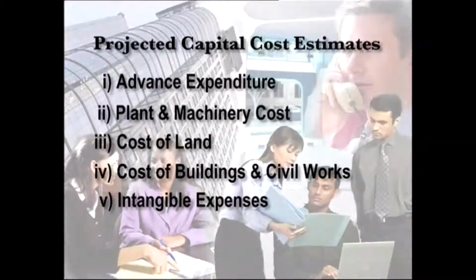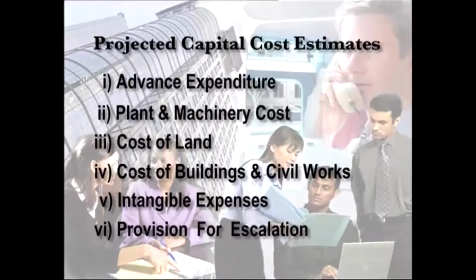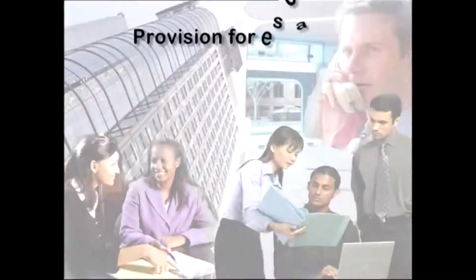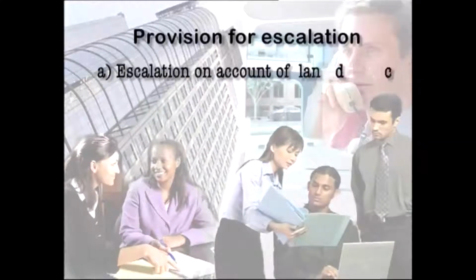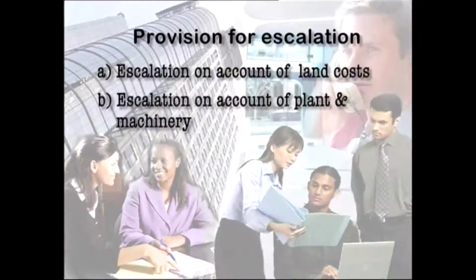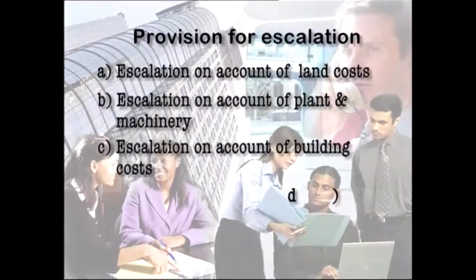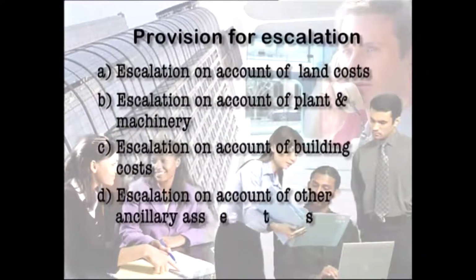There could be a provision for escalation. Now all these estimates are projected estimates, remember. So you will always be uncertain as to what is going to be the exact amount that's going to be spent on any of these heads. So you have to provide for escalation for each of these items of expenditure. Like escalation on account of land cost, plant and machinery, building cost, and other ancillary assets.